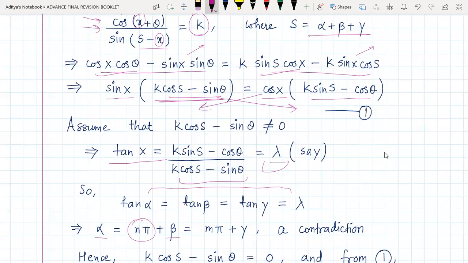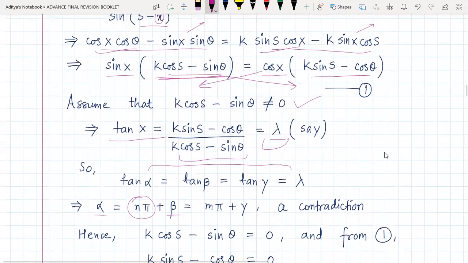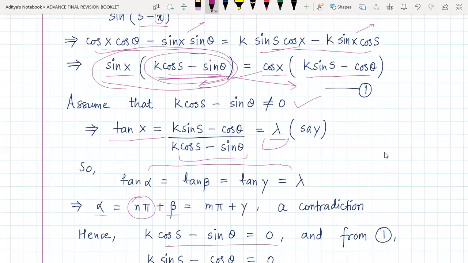So our initial assumption must have been wrong. When we assumed that this was non-zero, it must have been wrong. So it must have been equal to 0. That's what we have written here. Since this quantity is 0, this entire thing becomes 0, so this also must be equal to 0. If LHS is 0, RHS would also be 0.